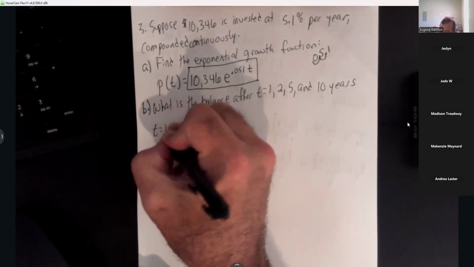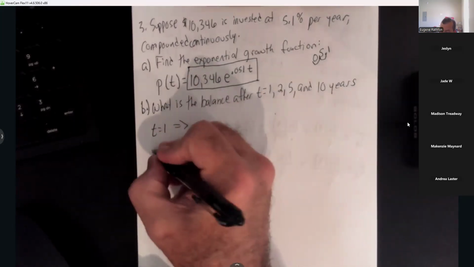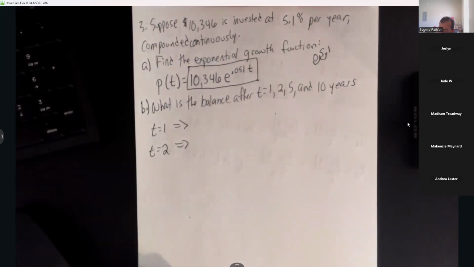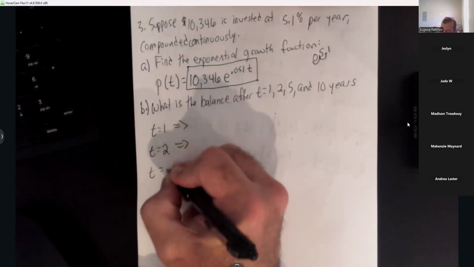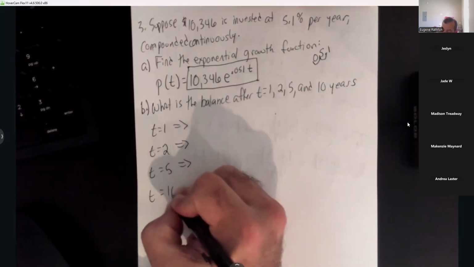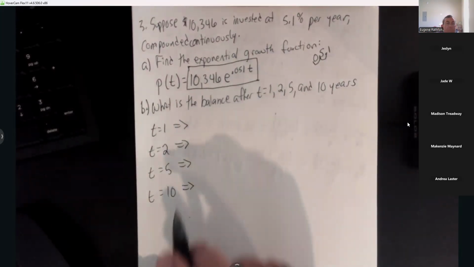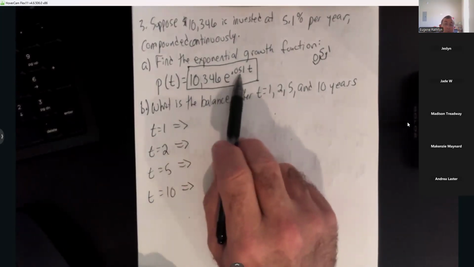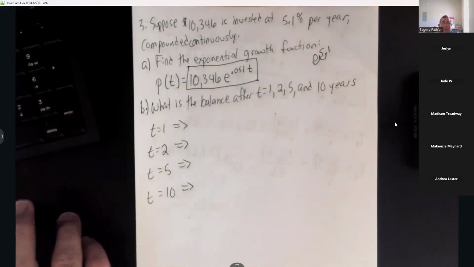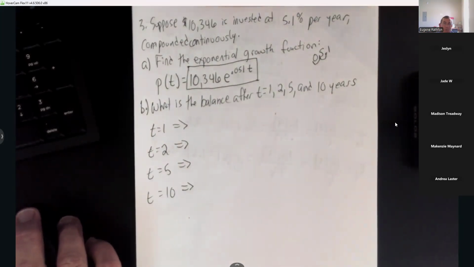So when T equals 1, I'll have a balance. T equals 2, I'll have a higher balance, I hope. T equals 5, and then T equals 10. So basically, this formula, they want me to put a 1 in for the T. And then they want me to put a 2 in and so on, okay?